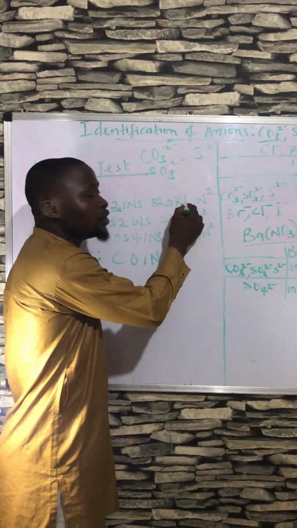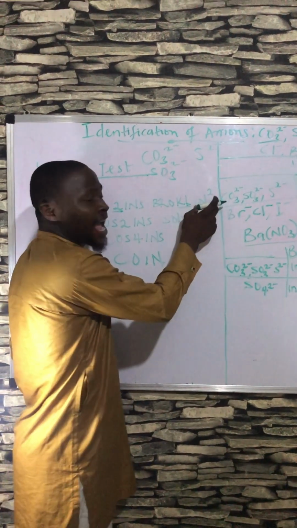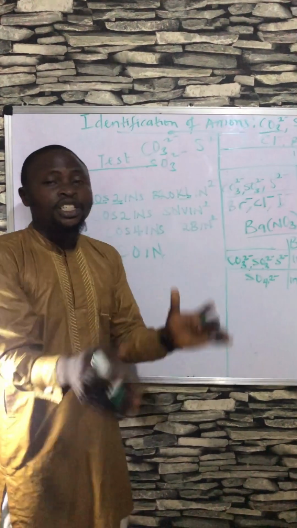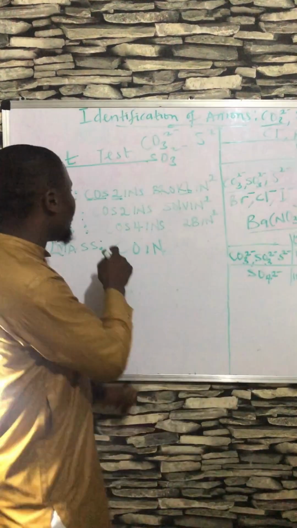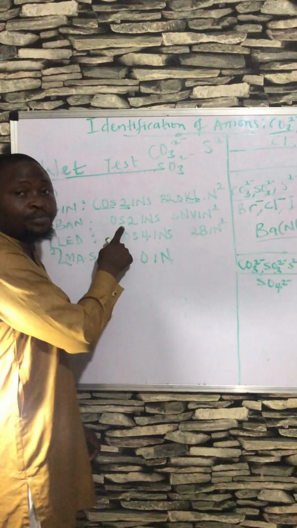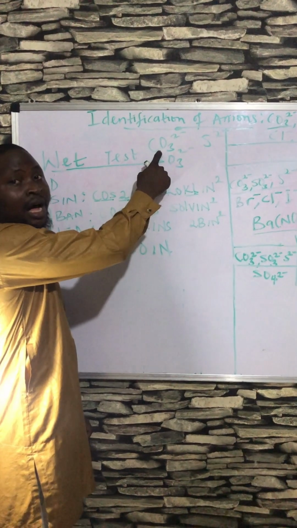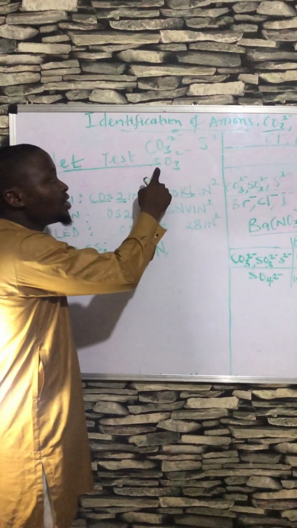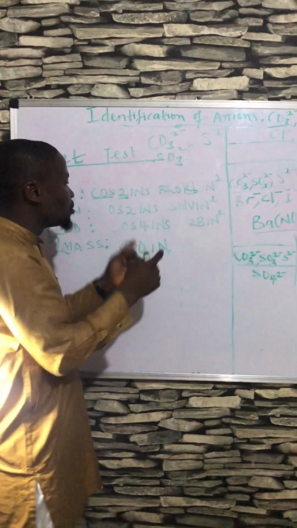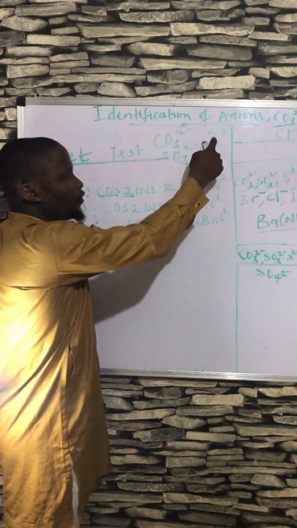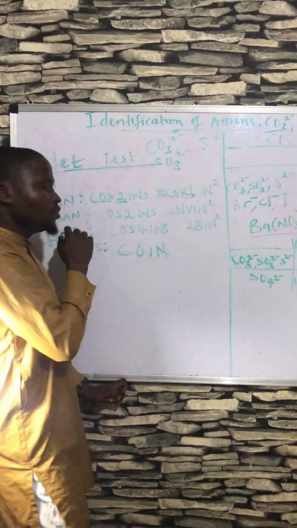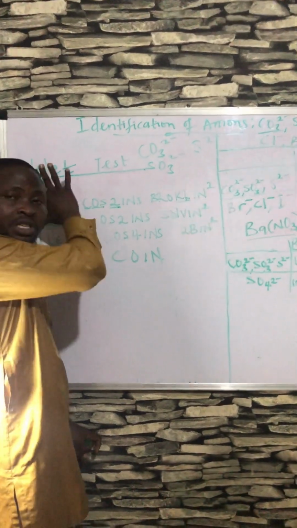This is chloride ion and iodide ion. IN, like we have said initially, denotes insoluble. So we've understood what this is all about.